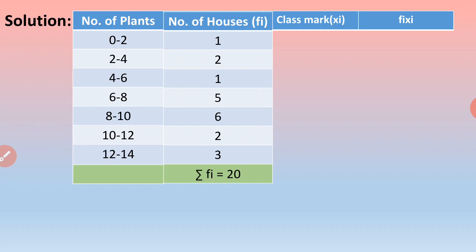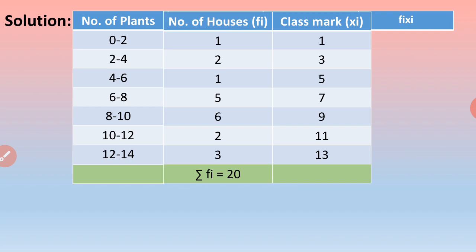Now is the turn to find xi. Xi, as I told you, is the class mark. Class mark is obtained by the formula upper limit plus lower limit divided by 2. So for the first one, 2 plus 0 divided by 2 gives you 1. This is how you will calculate, and you will find the third column. You will write the values in it.